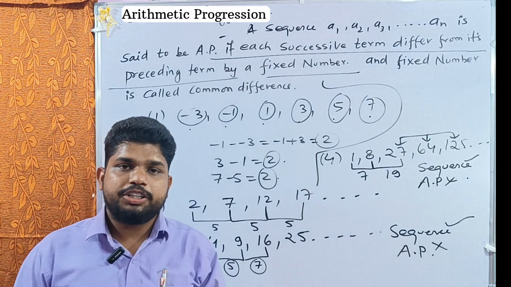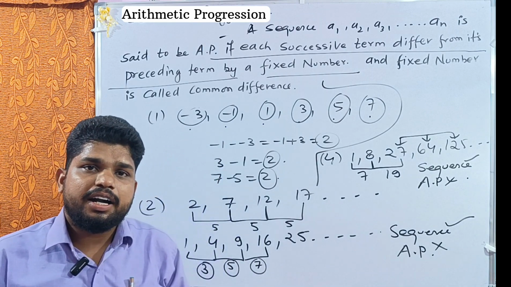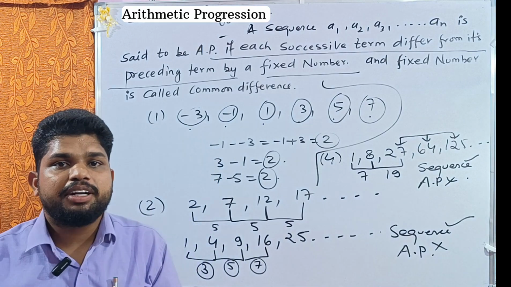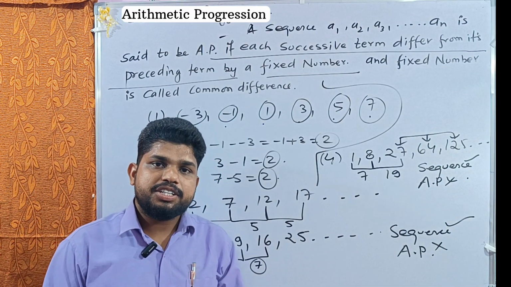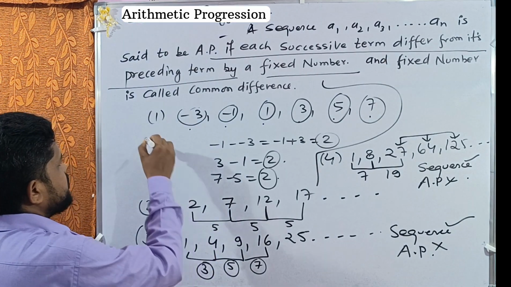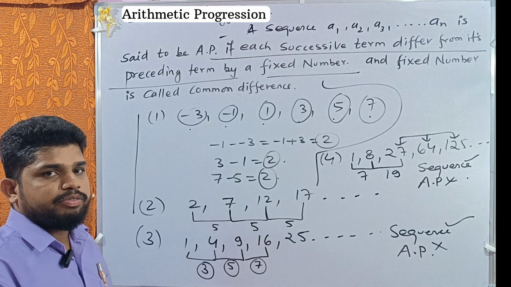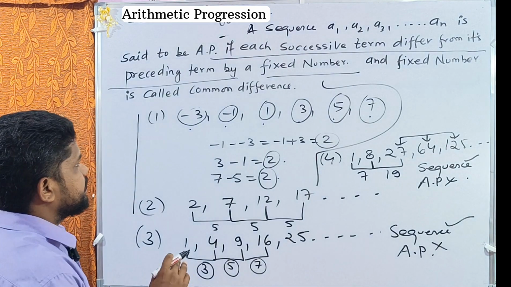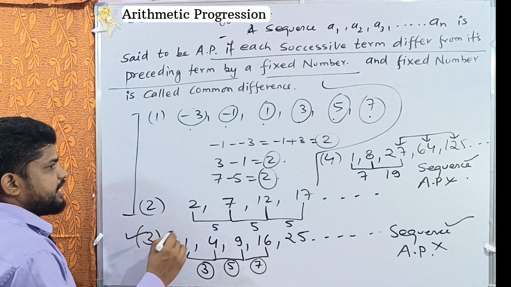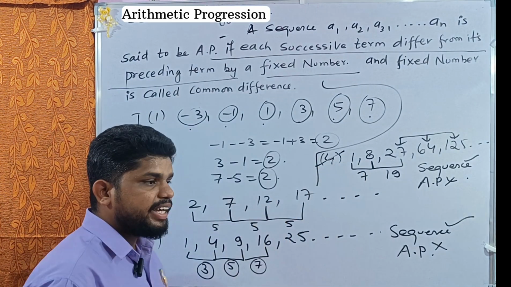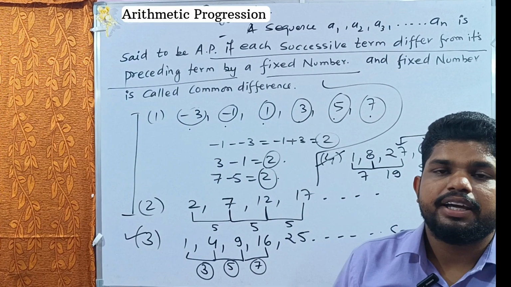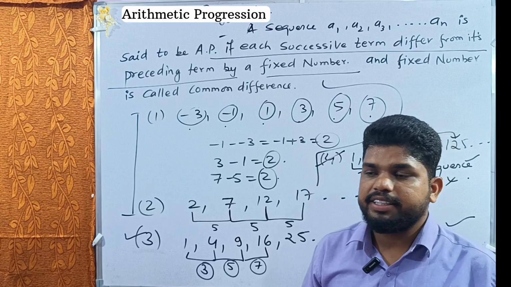Each consecutive term in an arithmetic progression differs by a constant, and only then is it an arithmetic progression. Otherwise they are just sequences. Here we have seen the first 2 examples are sequences as well as arithmetic progressions, because by definition they follow both conditions. But examples 3 and 4, although they are sequences, are not arithmetic progressions. I hope you all are getting the things.